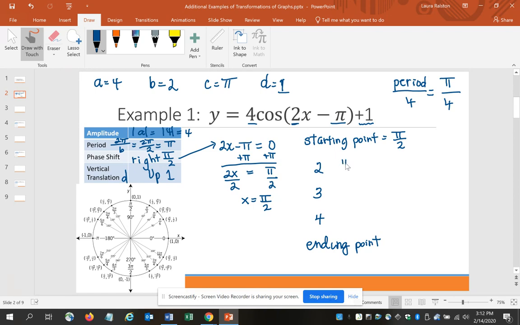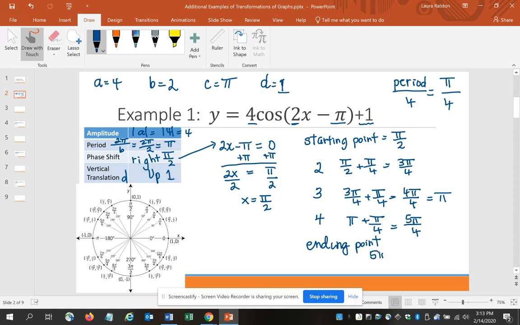So for the second point, I would have pi halves plus pi fourths, which is 3 pi fourths. Then I have 3 pi fourths plus pi fourths. That's 4 pi fourths, or simply pi. Then I have pi plus pi fourths, which is 5 pi fourths.